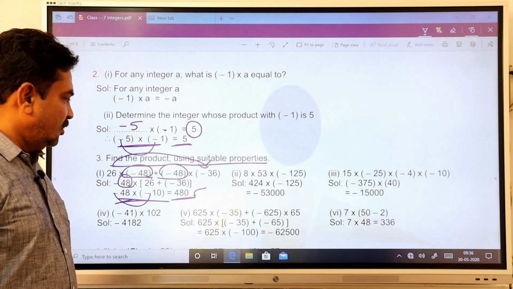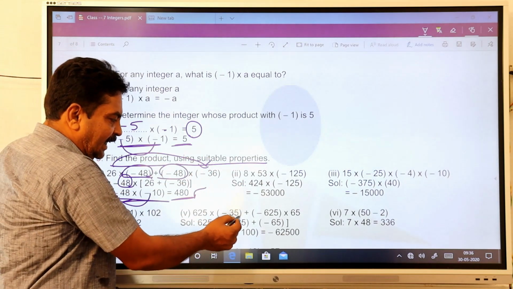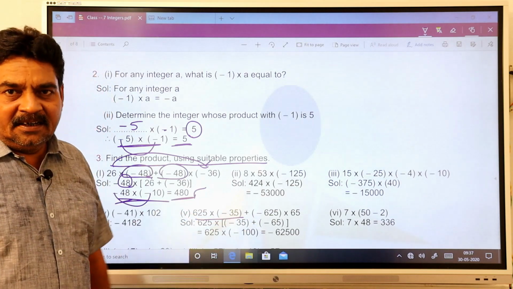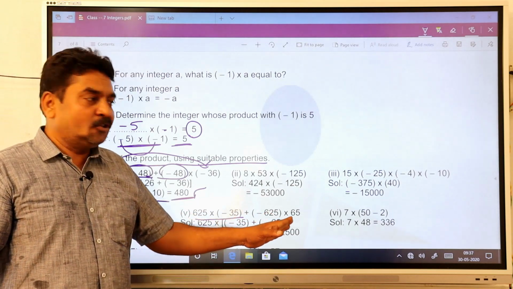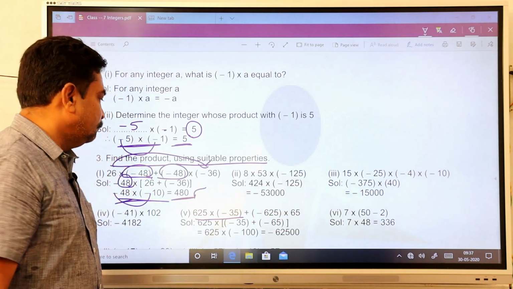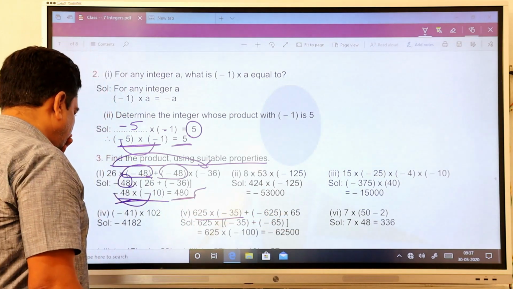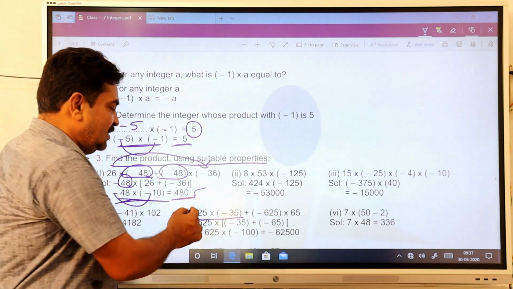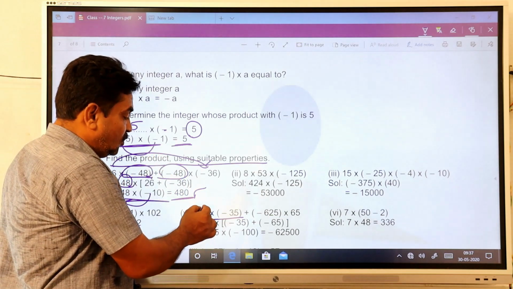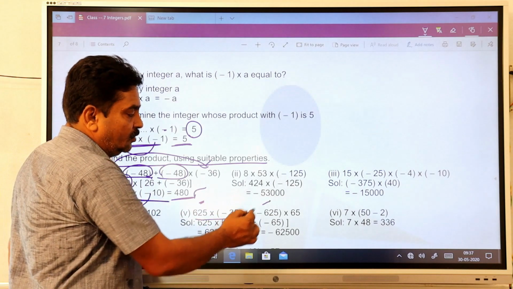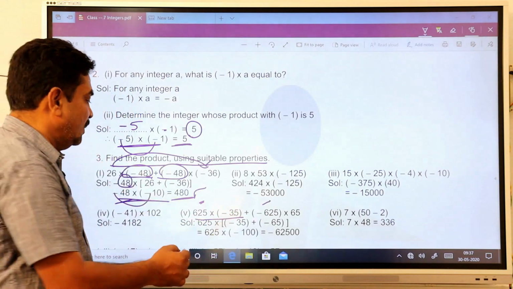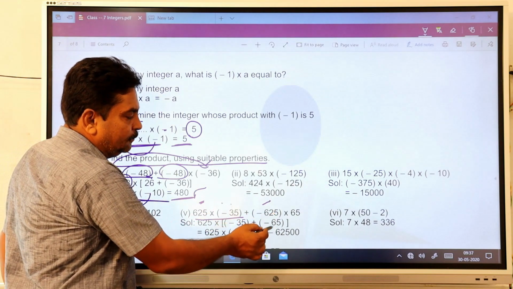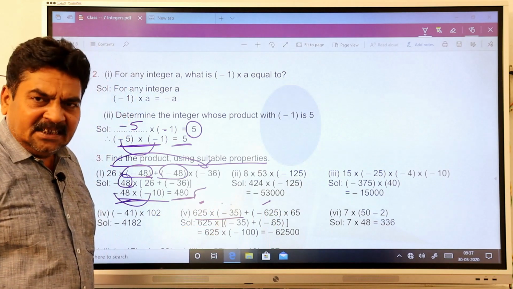Example, if I take another one to explain, 625 into minus 35 plus minus 625 into 65. So what is the common there? Common is 625. In this also you have 625, and here also you have 625. So I'll take 625 common. Remains what? Minus 35, and this is minus 65.